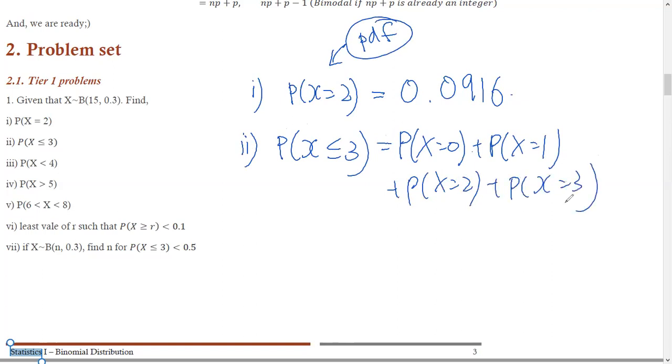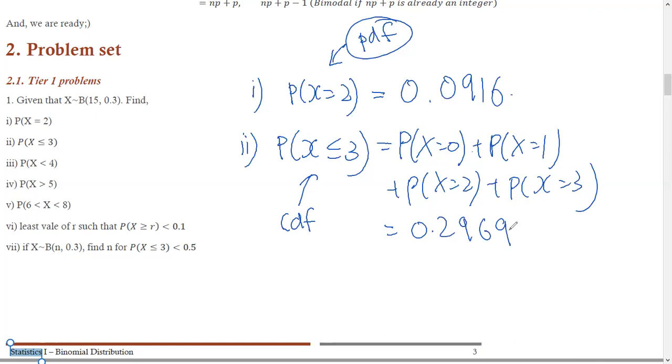So this, less than or equals to 3, is indicative of a cumulative. If you want to press this on a calculator, you have to use the CDF function, the binomial CDF function. If you press it in your calculator, it should give you 0.2969.